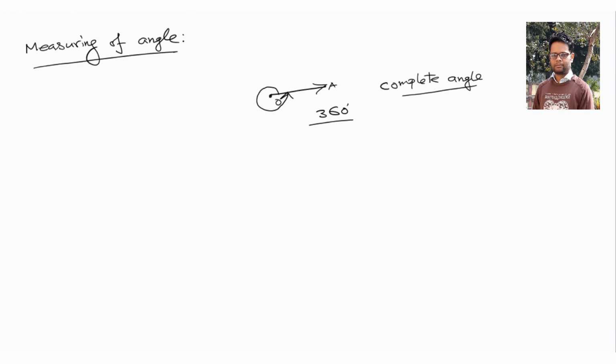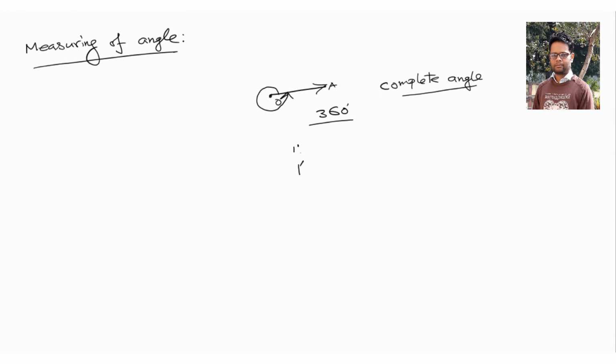Now here is some concept. When the angle formed by one complete rotation of a ray is divided into 360 equal parts, each part is called 1 degree. If 1 degree is further divided into 60 equal parts, each part is called a minute, which is denoted by a dash.